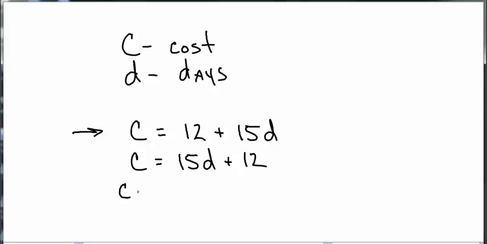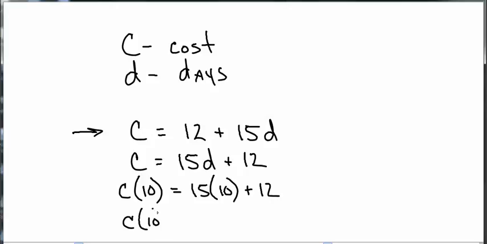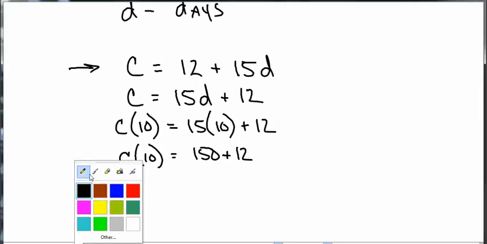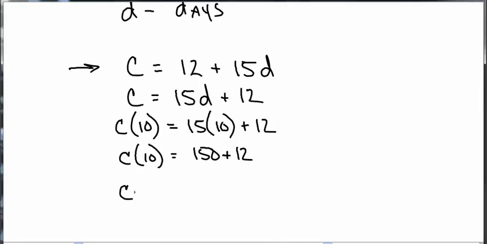The cost of a 10-day stay is going to be equal to 15 times 10 plus 12. 15 times 10 is 150 plus 12, and the stay at the Doggy Motel is going to cost a whopping, the cost of a 10-day stay is equal to $162 US.